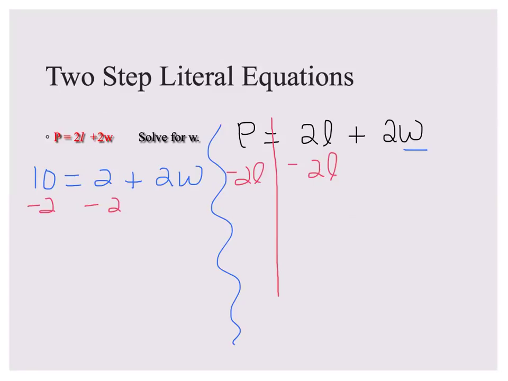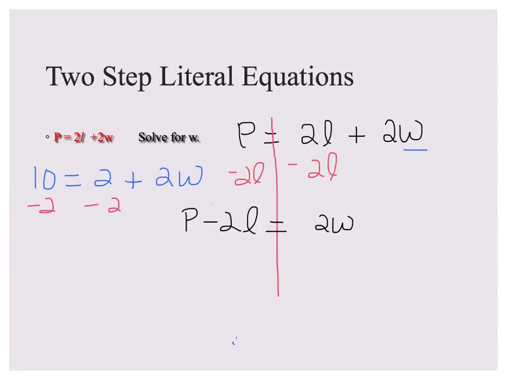But when we write out our answer, we want to write it out horizontally. So that we have P minus 2L. Next, we need to decide what must we do to get W by itself.